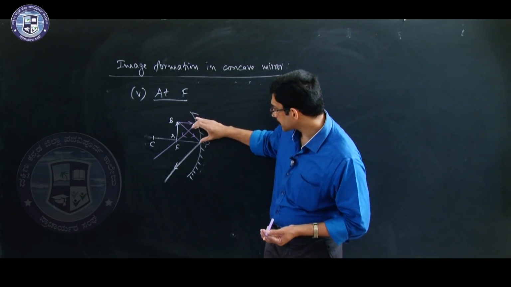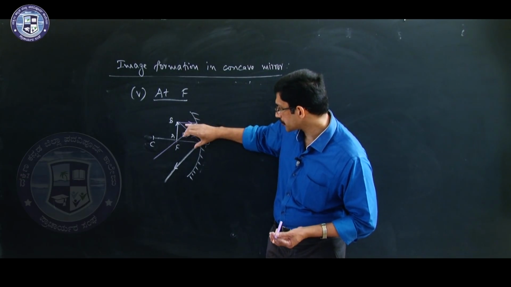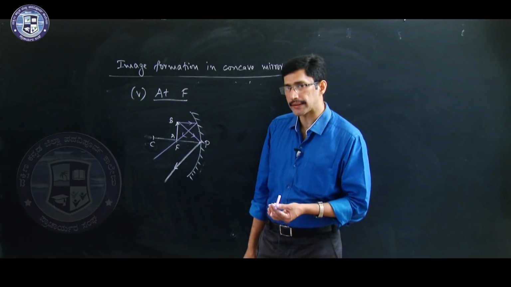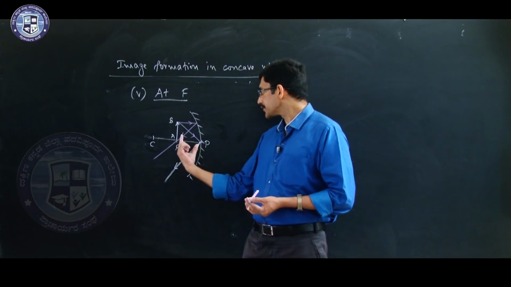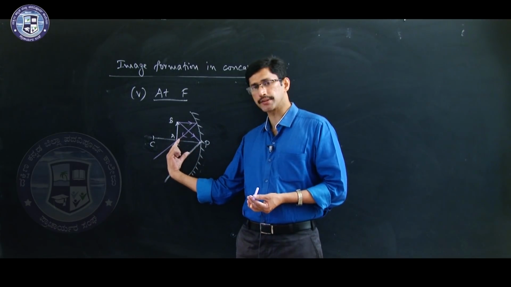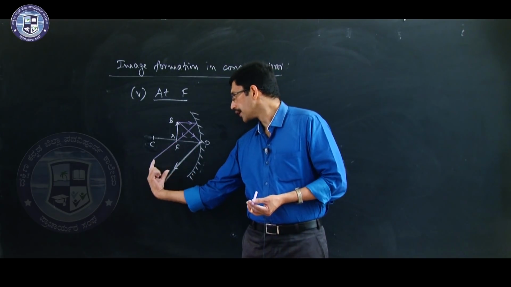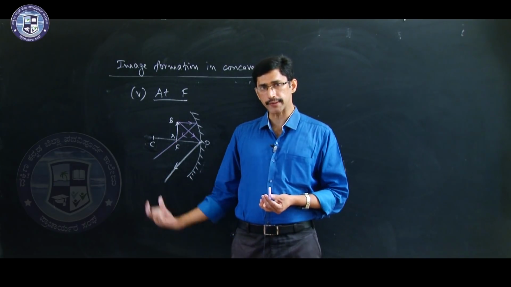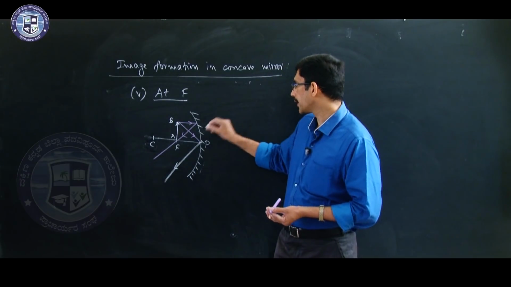If you observe these two rays, they are parallel to each other. Since the two rays are parallel to each other, they do not meet. Therefore, the image is formed at infinity.